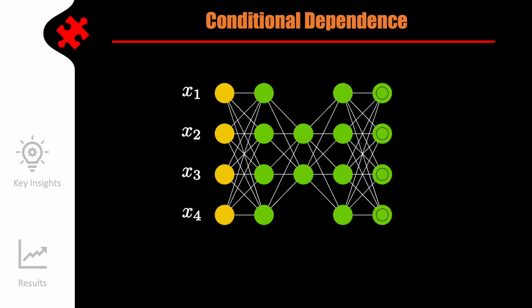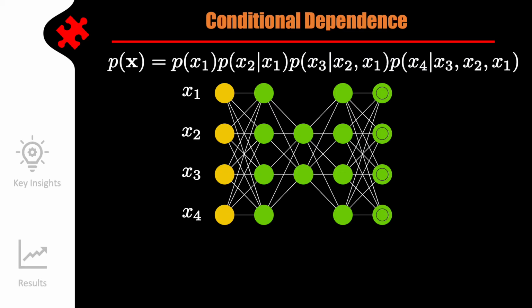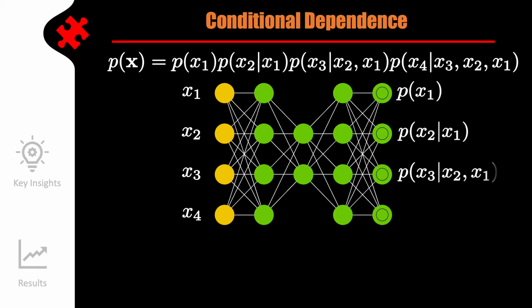So if I were to incorporate conditional dependence, one way I can do it is to apply the chain rule of probability, which means that the distributions to which our output neurons will feed into would be conditional distributions.